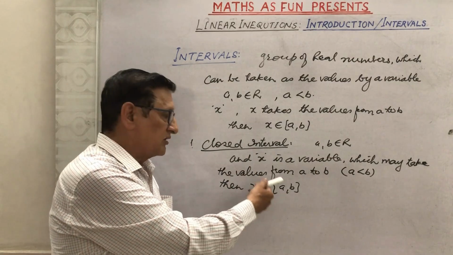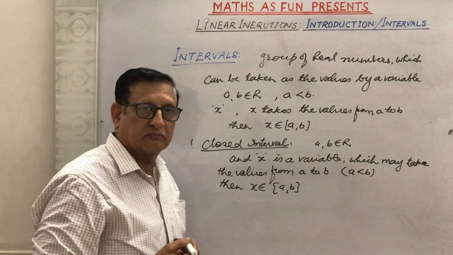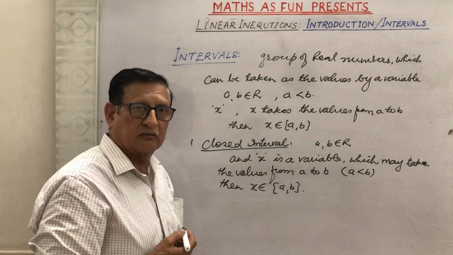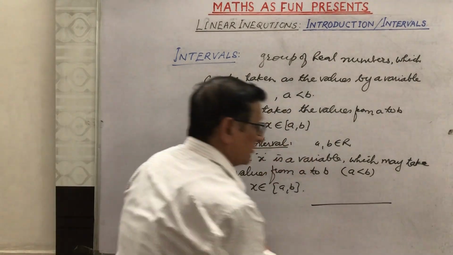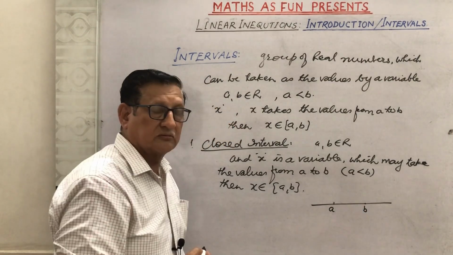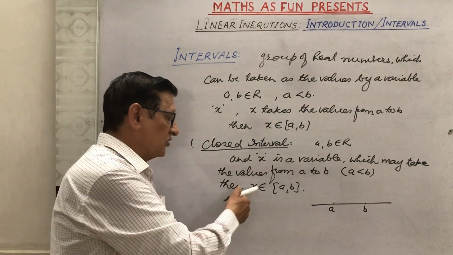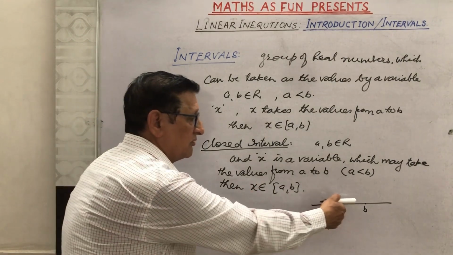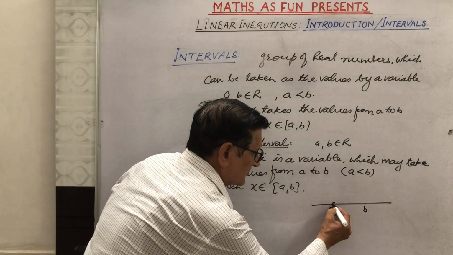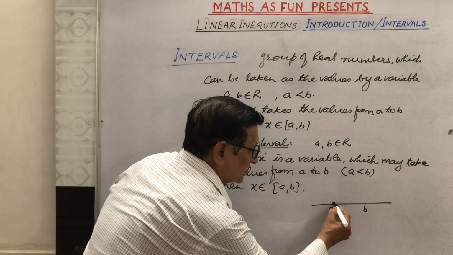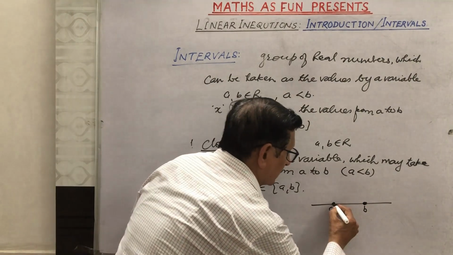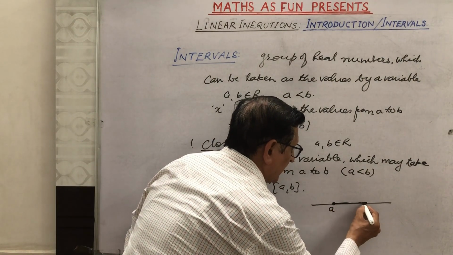Actually, a closed interval is represented by a square bracket. Suppose we want to represent it on a number line. If we draw the number line here, the smaller number is on the left and the larger number is on the right, a and b. And we want to represent this interval [a, b] on the number line. Then we will make two closed bubbles at a and b, and darken the line between a and b.